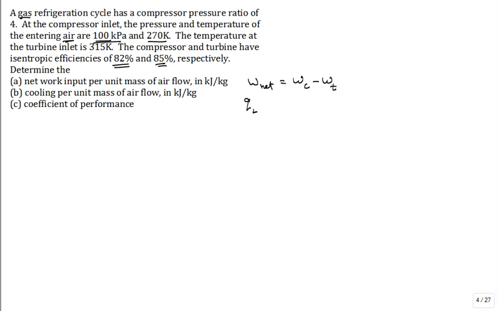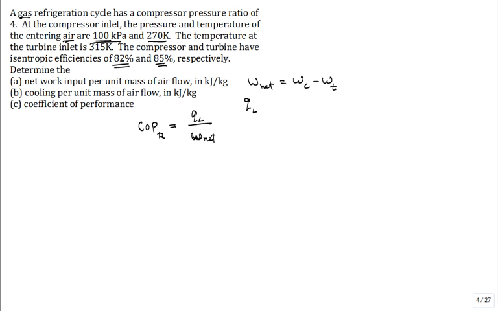And then what's the coefficient of performance? Coefficient of performance of this refrigeration cycle is what you desire divided by what it costs to run it, what you have to provide to run it. All right, I have it solved on the next page. Go to the solution.